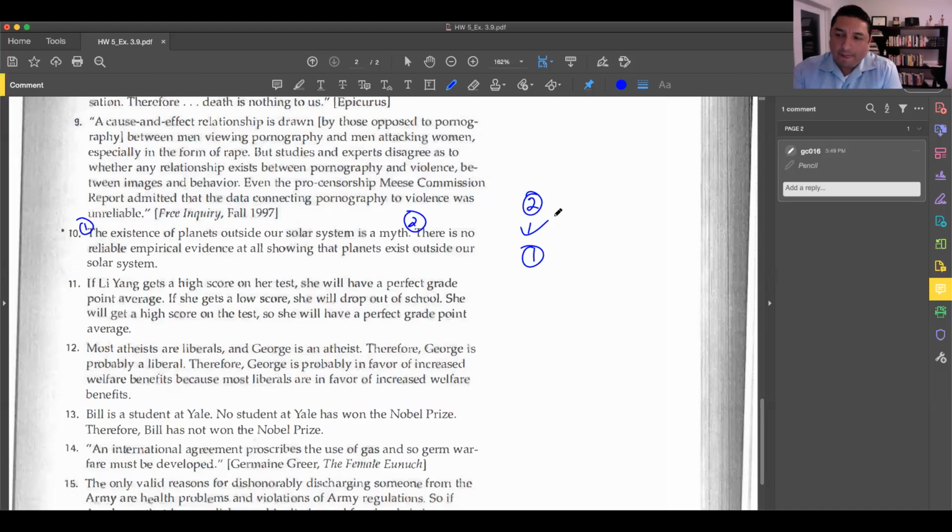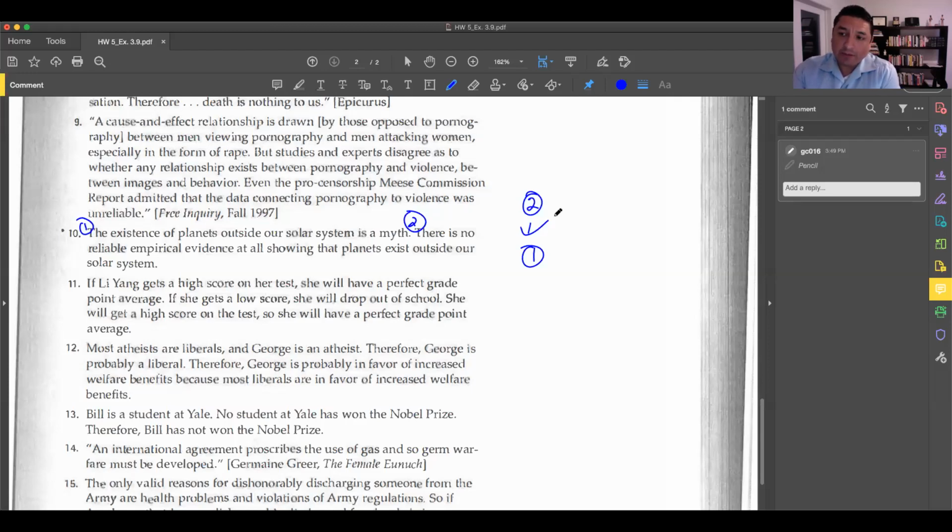Okay, so I hope this helped. One of the things that you really want to keep in mind as you're working through this is that this concept of a dependent and independent premise is going to be central to the argument construction assignment, which is going to come up next.